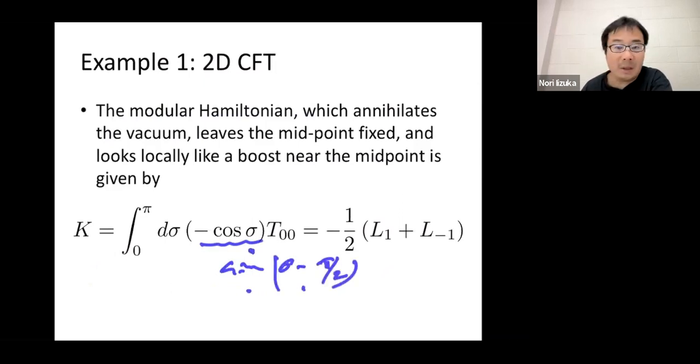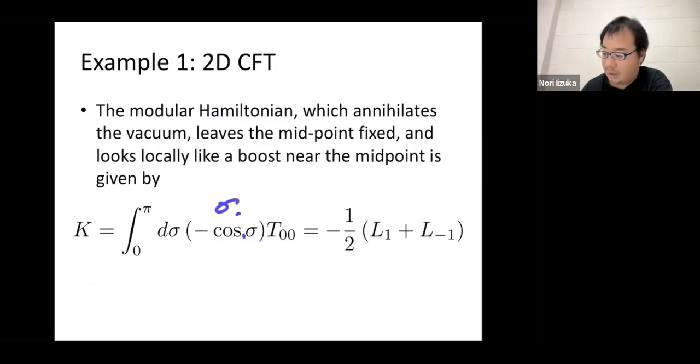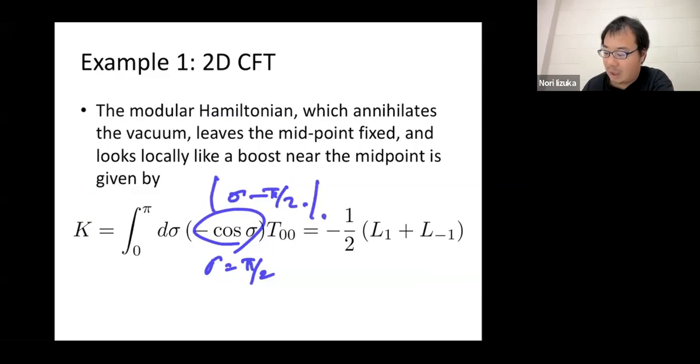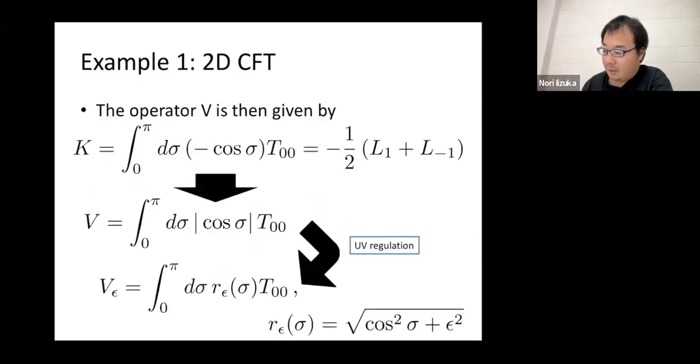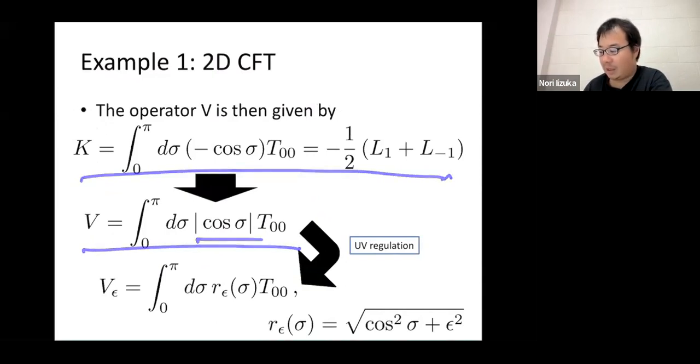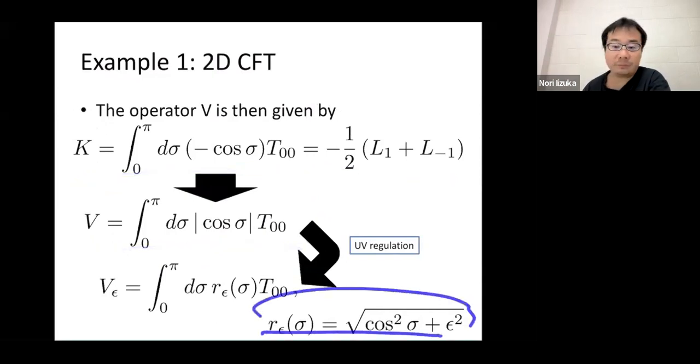Near pi over 2 that's linear, so roughly this is like sigma, very similar to the previous example, but I want to do this for V. Near sigma equal to pi over 2 this is linear in sigma minus pi over 2, but I take the absolute value to make it V, and then regulate by epsilon. So this is K, but I want to consider V, with the absolute value, and then regulate like this.